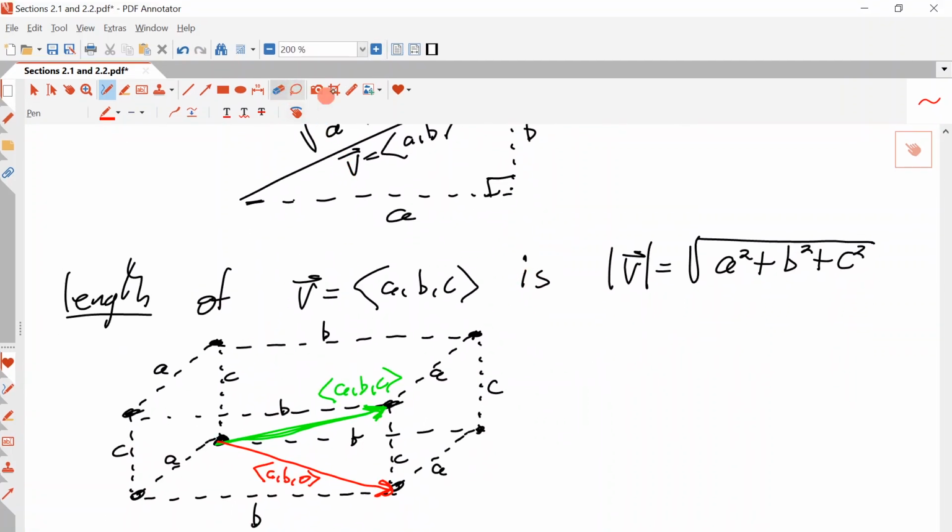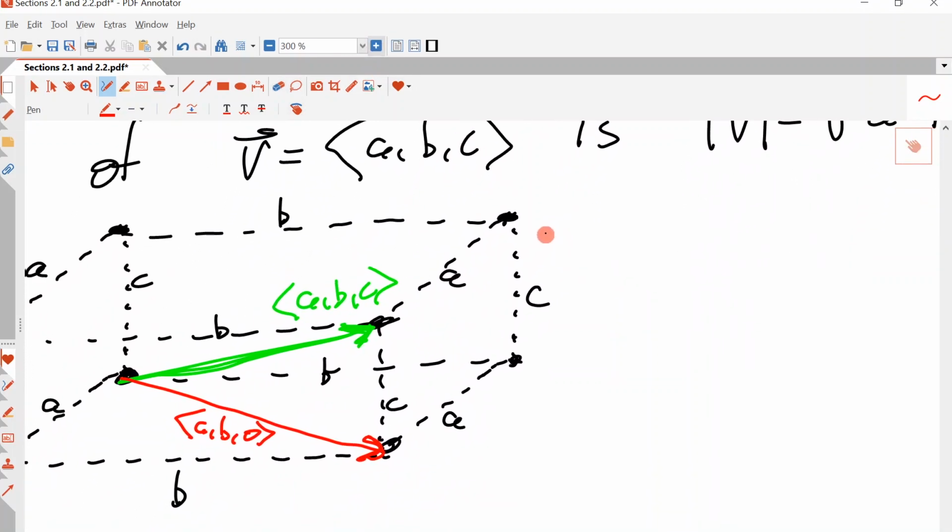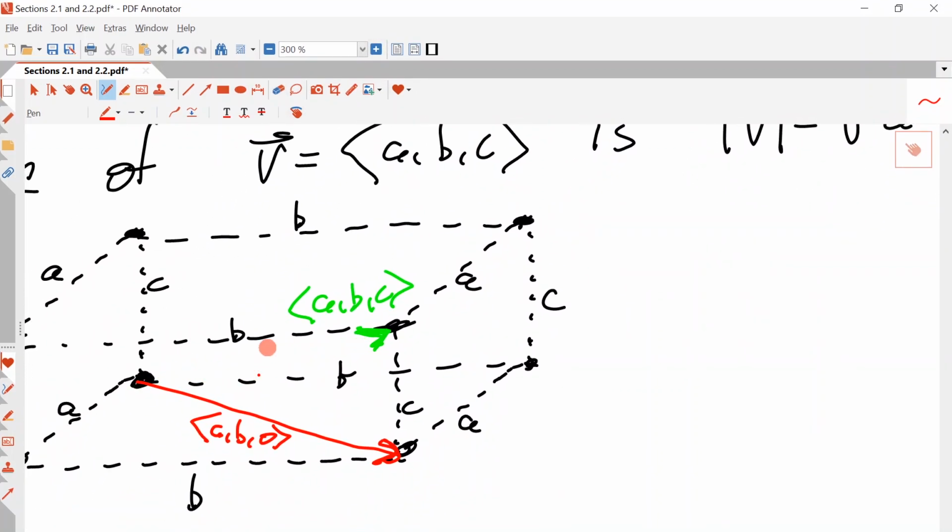So let's zoom in. There we go. So that's the vector ABC. This is the vector AB0.